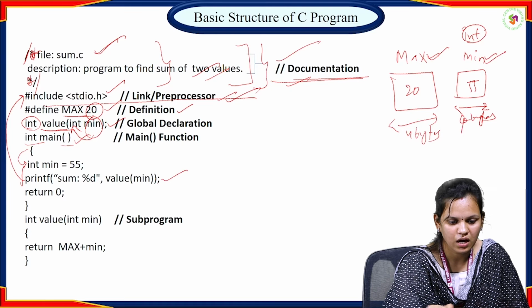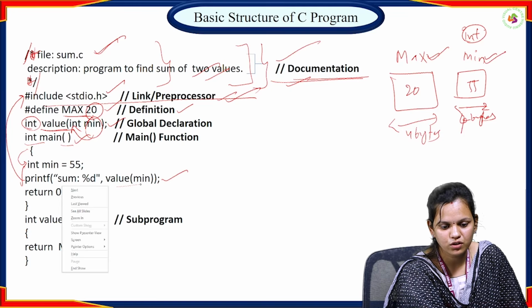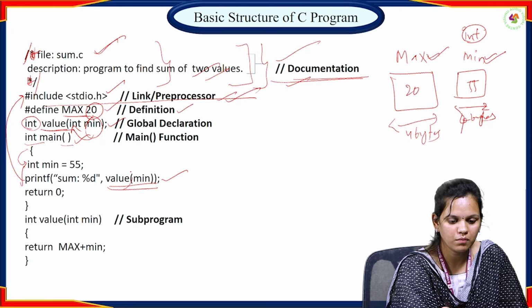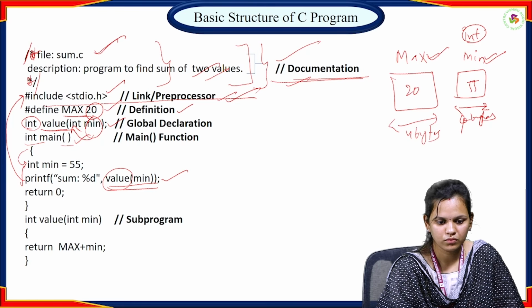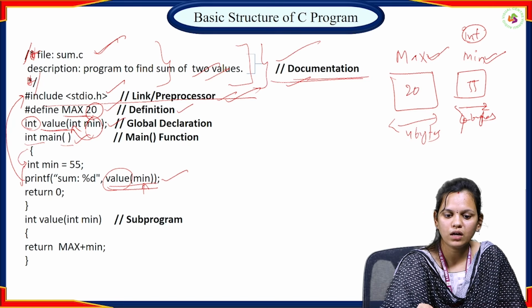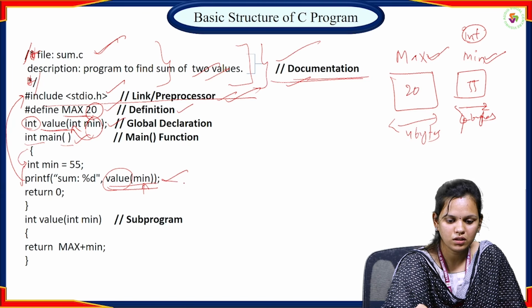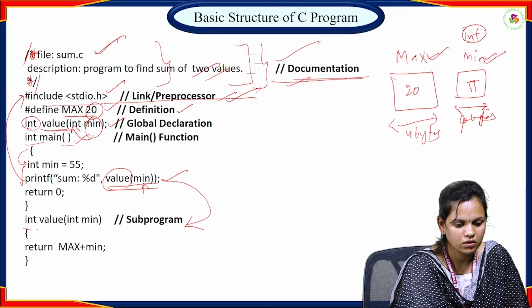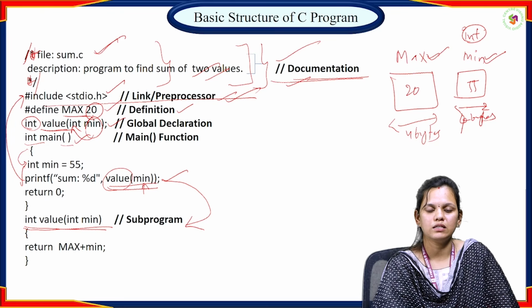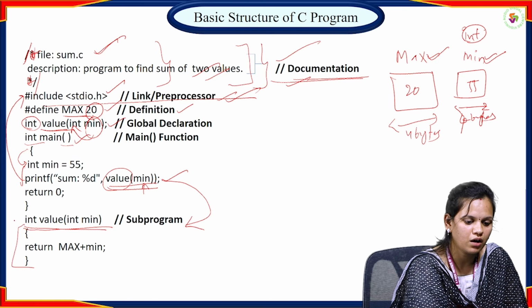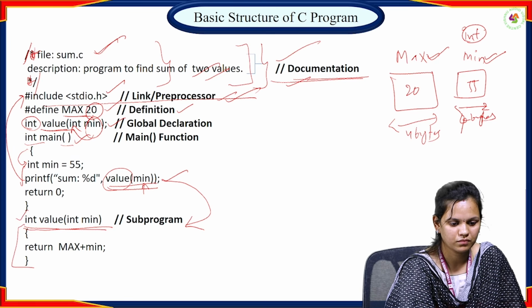So next I'm just calling the function here. The function name is value, and here I'm passing the parameter min, right? Whenever I call the function, this directly goes to the function definition. So here this is the body of the function, and we are defining the function here, right?